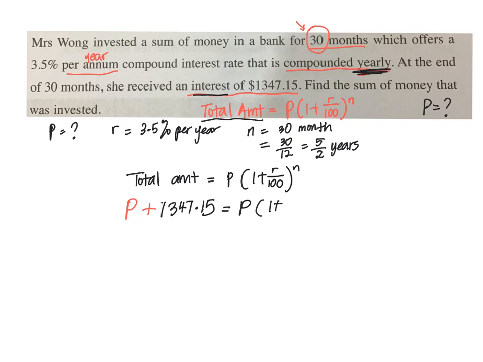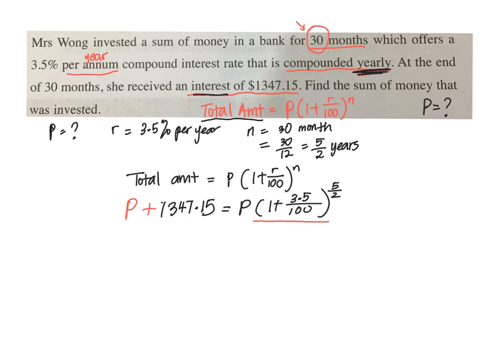1 plus R, the interest rate is 3.5%. The number of times is 5/2 years. Let's see what we can calculate. Okay, so I noticed that this whole thing is multiplied to P. I can calculate this whole number, 1 plus 3.5 over 100 to the power of 5/2.